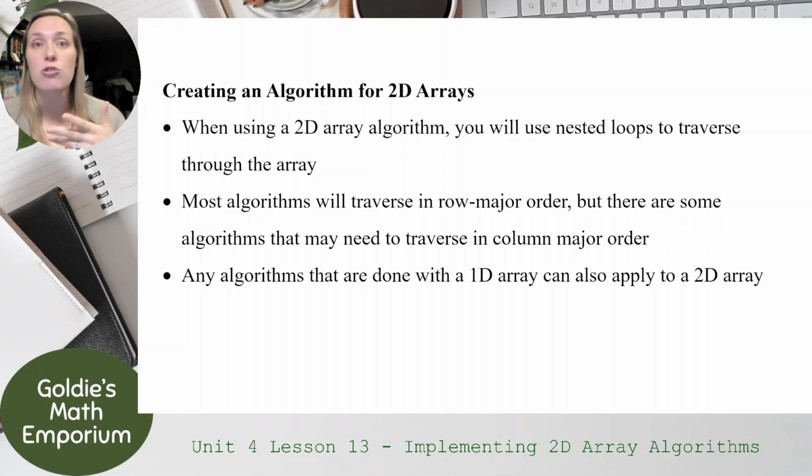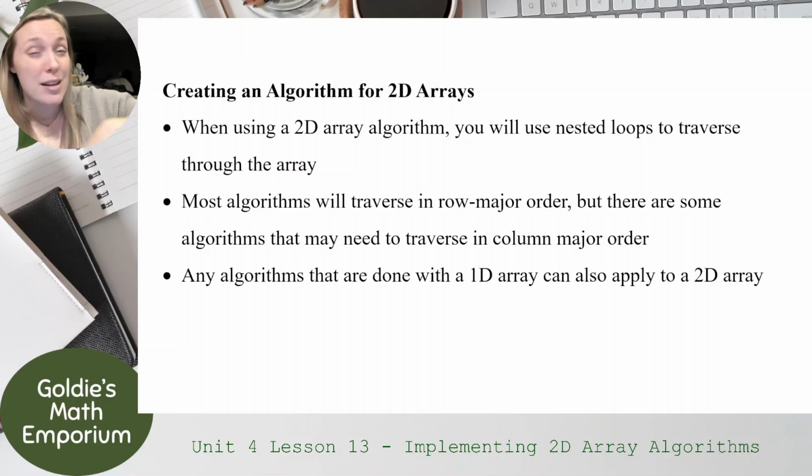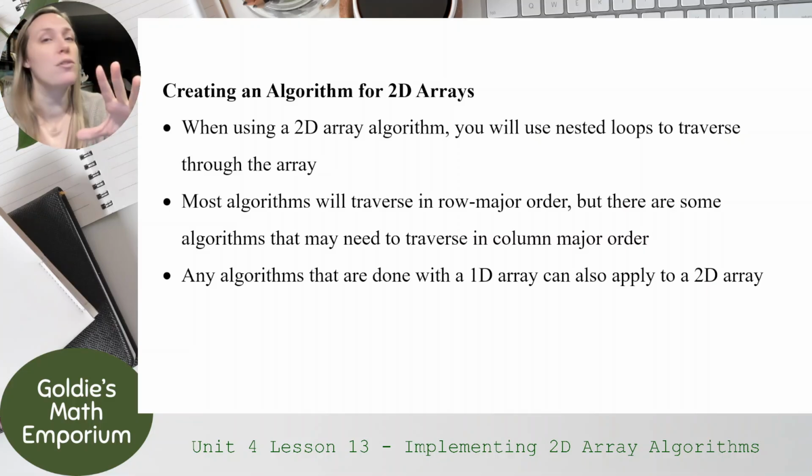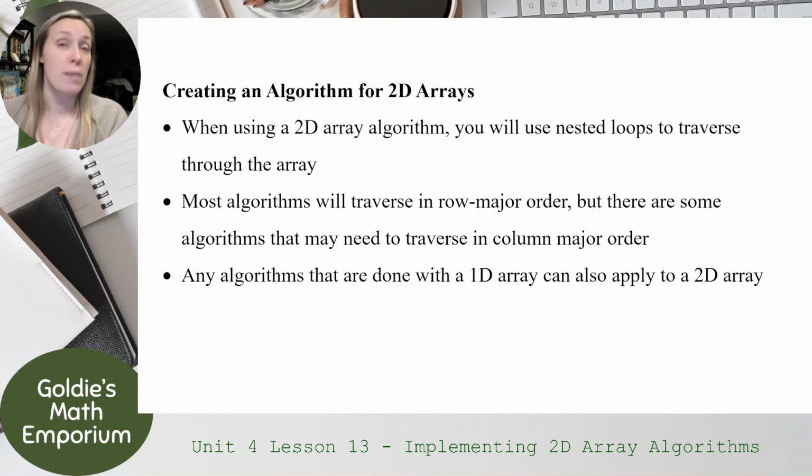So when you're reading instructions about an algorithm you have to write, you really want to pay attention to whether this matters. Most of the time it really doesn't, and you can just do row major, but there are some situations, and you'll see one today, where it does matter, and you are going to want to pay attention to that. Now, a lot of the algorithms we've applied with one-dimensional arrays and array lists, we are going to be able to apply to two-dimensional arrays as well.